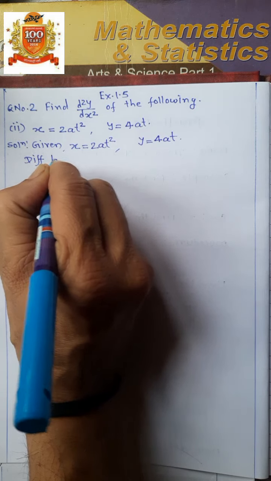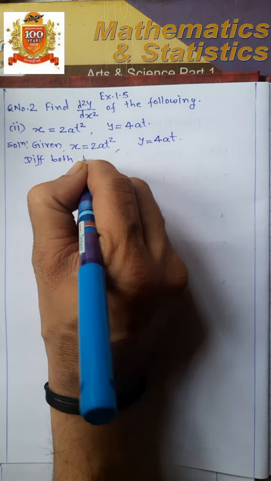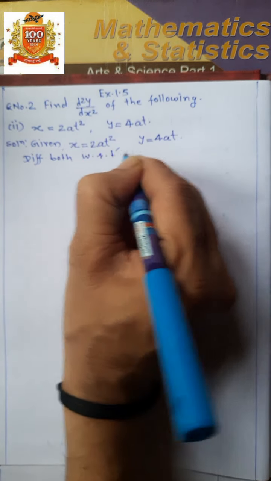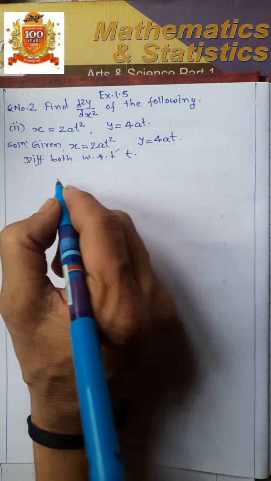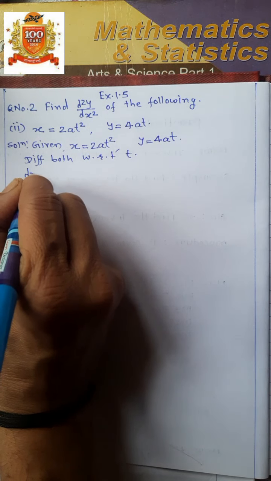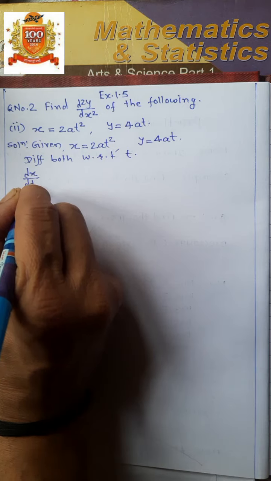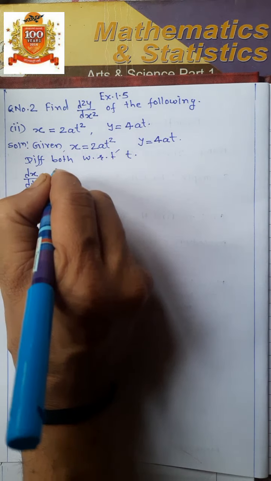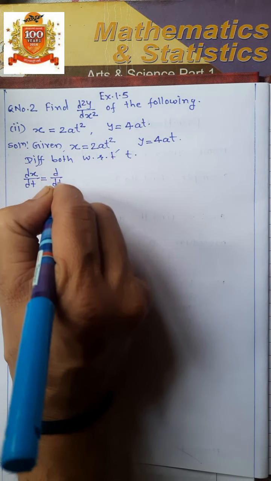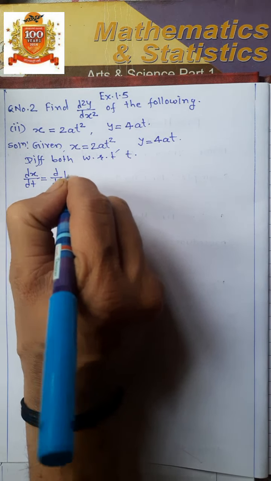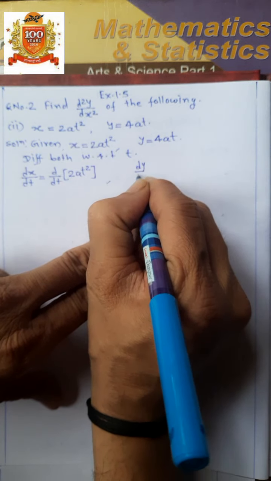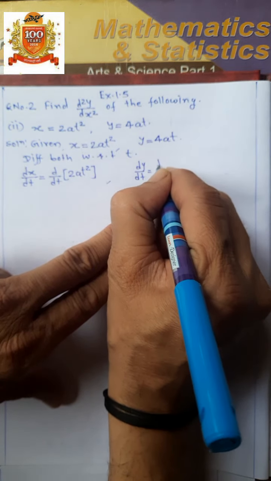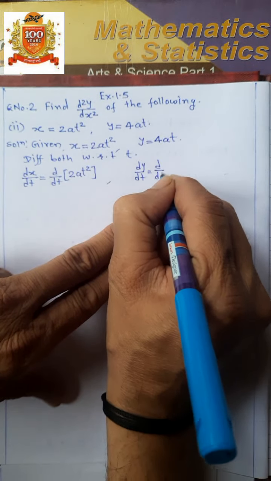Differentiate both with respect to t. dx by dt is equal to d/dt of 2at square. dy by dt is equal to d/dt of 4at.